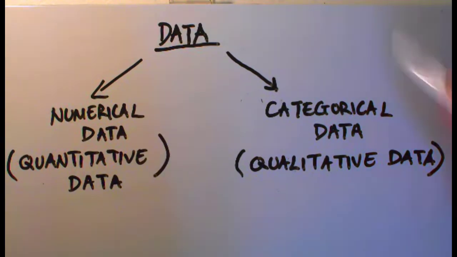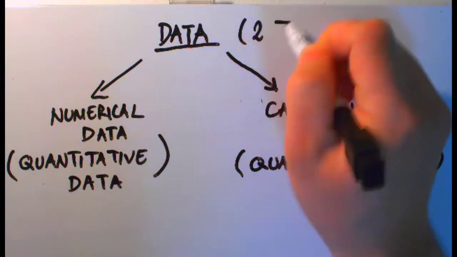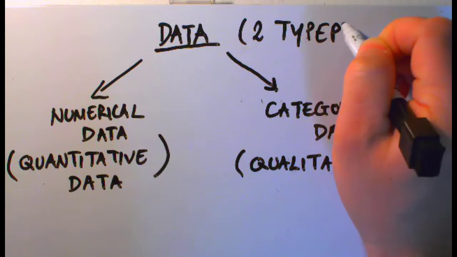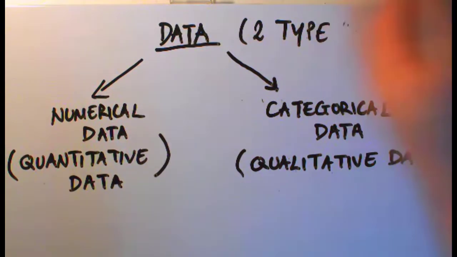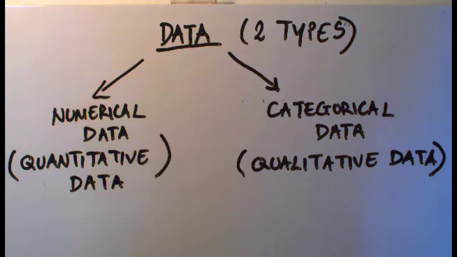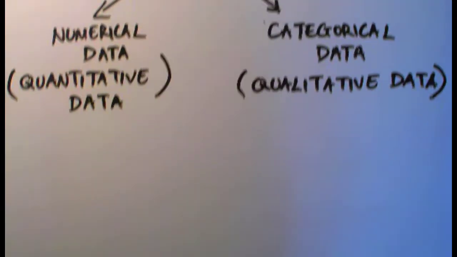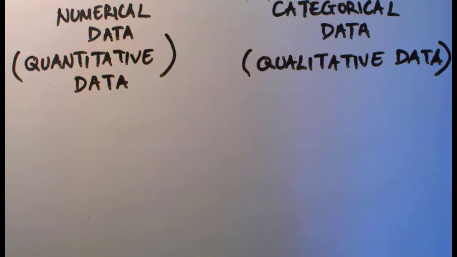Okay, so there are two major types. And I'm going to give you a quick example of the two data types that we're looking at right here.